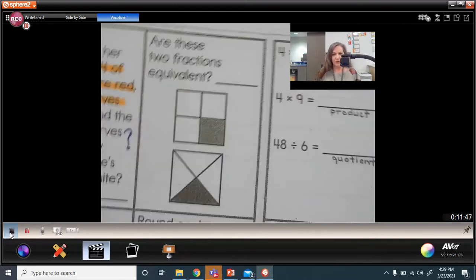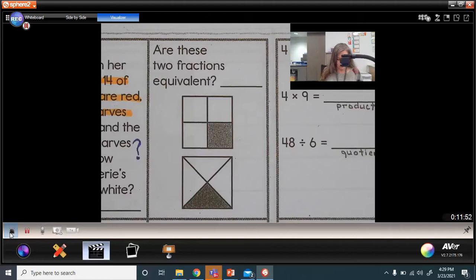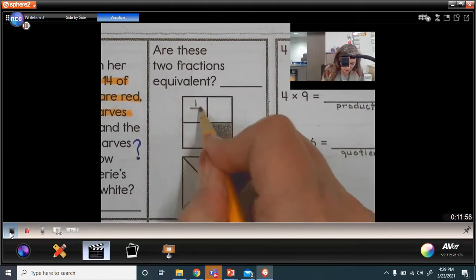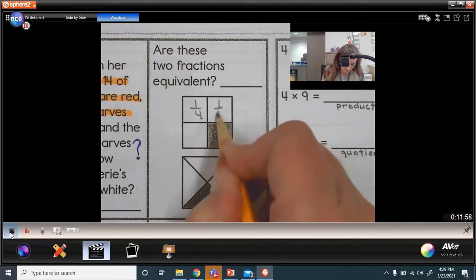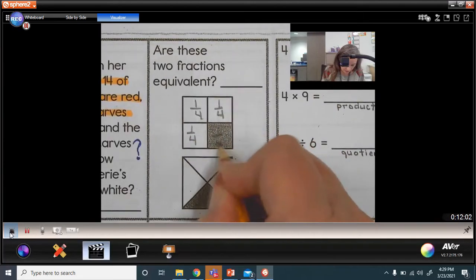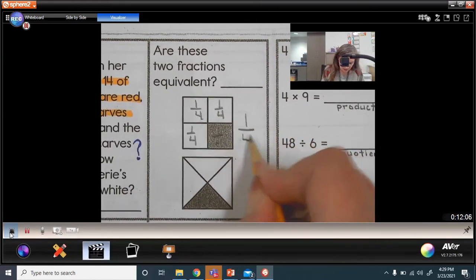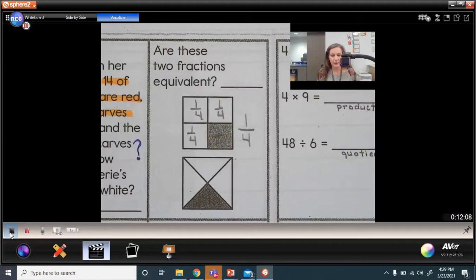Let's go back to the front and look at the second problem. Are these two fractions equivalent? So if you look at the first square, each one of these is 1/4 of my square. This one piece is shaded, so that tells me I have 1/4 of my square.